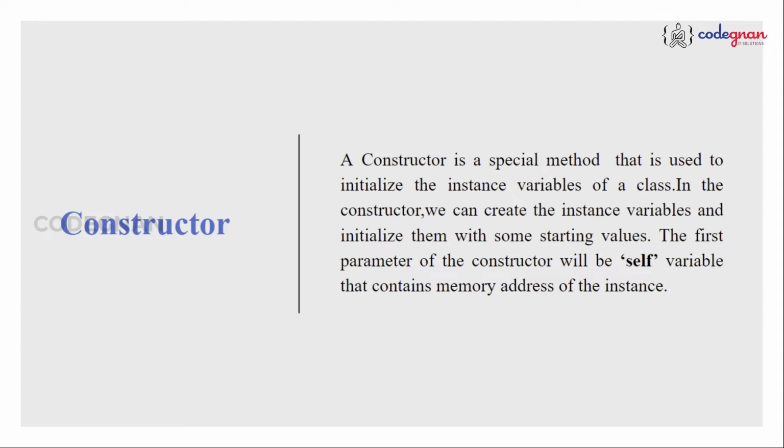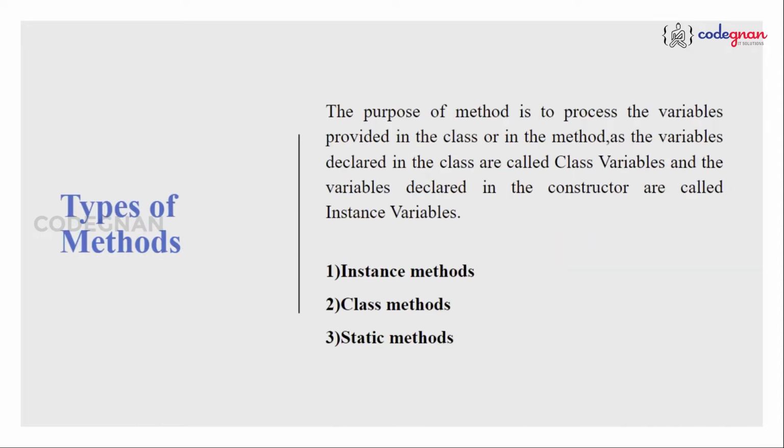Then we'll be working on different types of methods. The purpose is to process the variables. Generally variables, methods, print, list, tuples, numbers, whatever it is, everything is considered as an object in a class, right? I hope you are familiar with the importance of object and class by now.